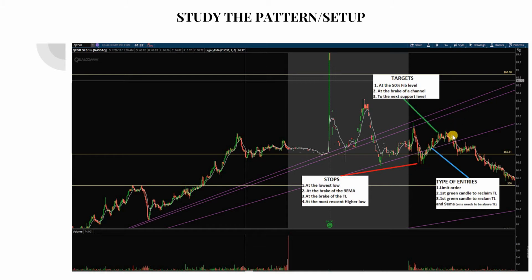As soon as it breaks, then I'm out. To the next support level. So if we're buying, the next support is here. As soon as it hits it, how many times does the market tend to go up and retest support, right? So those are the three different ways for me to take profits.